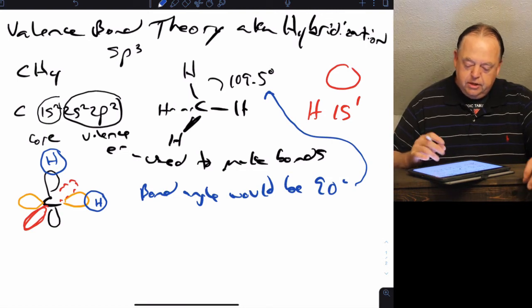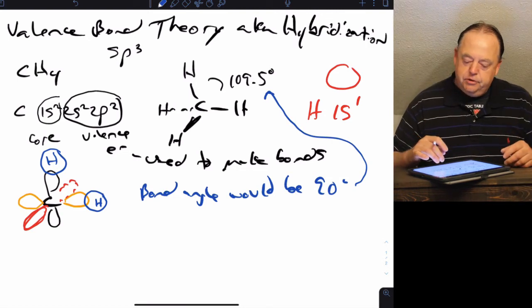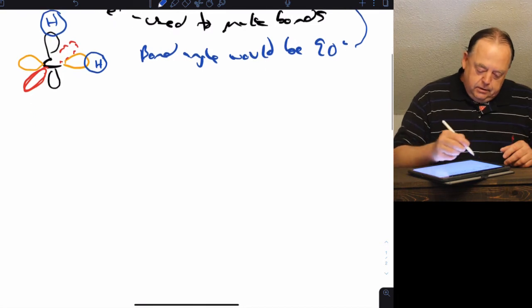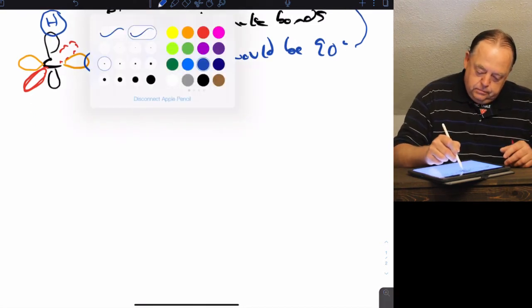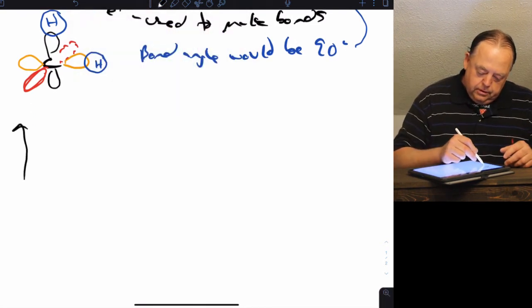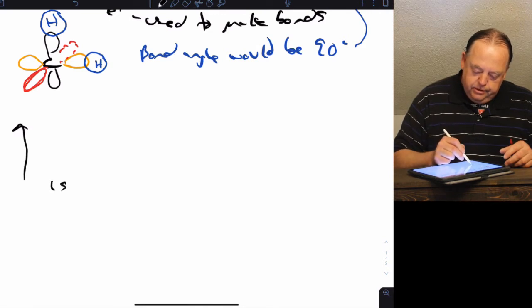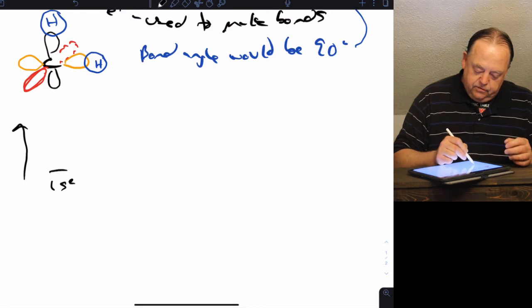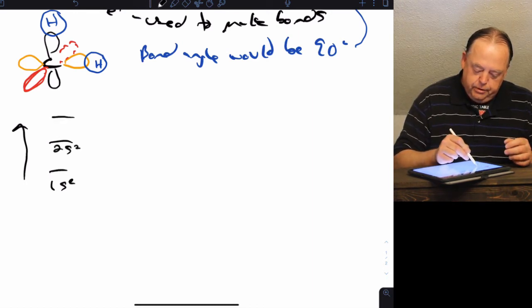So what we want to do is come up with a new set of orbitals that carbon could use to make bonds. Okay. If we put the orbitals in order of relative energy, you have the 1s, the 2s, and then the 2p orbitals, so 2px, 2py, 2pz.